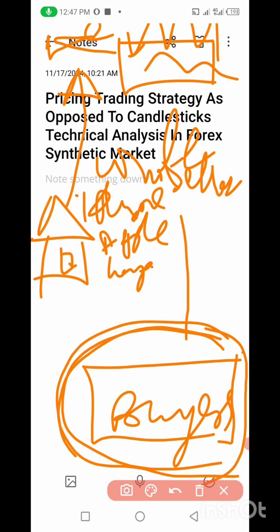So as a buyer, your belief, your psychology is that price will go up, and as a seller, your psychology is that price will go down, so you have to sell these things before the price goes down. Because if the price goes down and you sell it, you will lose, because you will sell it at a very low price that you cannot buy the same product when the price is going up. So that is what we call pricing trading strategy.